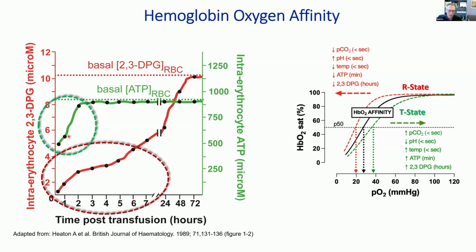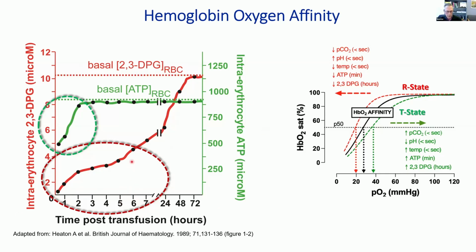And it takes time for these things to return when they're in circulation after they're transfused. So it takes hours really for ATP to return. It takes multiple hours for 2,3-DPG to return, and sometimes even days. But if you need oxygen quickly, it's going to take some time for that to happen.